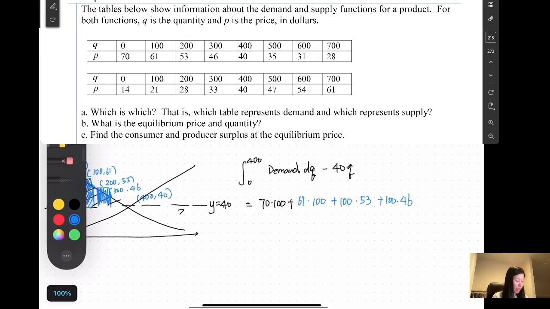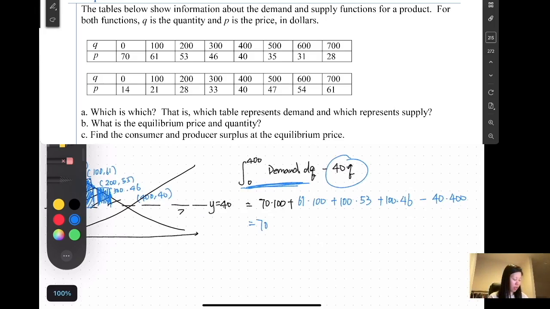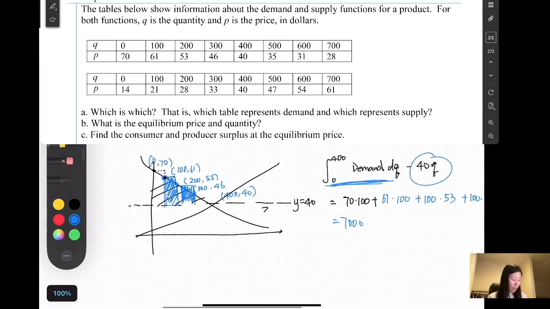The sum of these blocks is the area of this integral. And then we need to subtract the equilibrium price times 400, which is 14 times 400. After calculating, this is equal to 7,000. So that means the consumer surplus is $7,000.